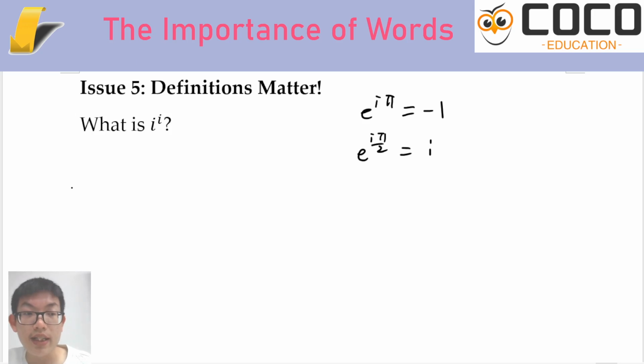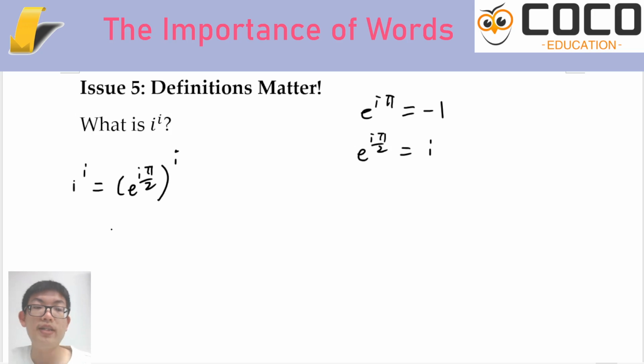So I could say that i to the power of i is e to the i pi over 2, to the power of i. I use my exponential rule, and since i squared is negative 1, i to the power of i is e to the negative pi over 2. That's pretty cool, right? But hang on a second.